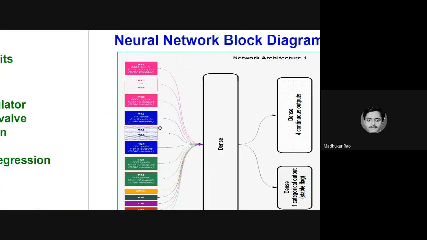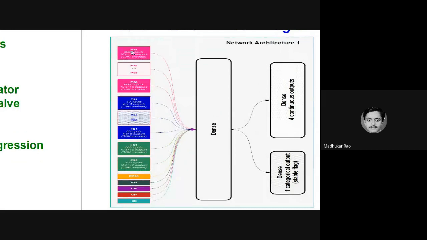So one thing I should mention is the pressure sensors have 6,000 inputs because they took pressure readings at a certain frequency. I think per minute they had 6,000 readings. So we decided to try both an LSTM as well as a one-dimensional convolutional network.